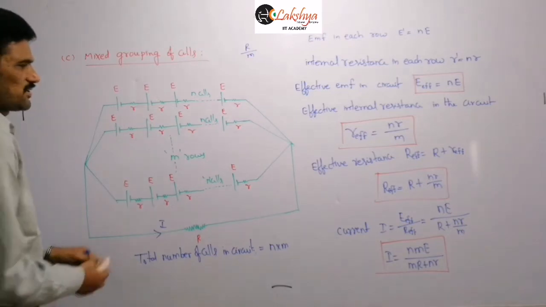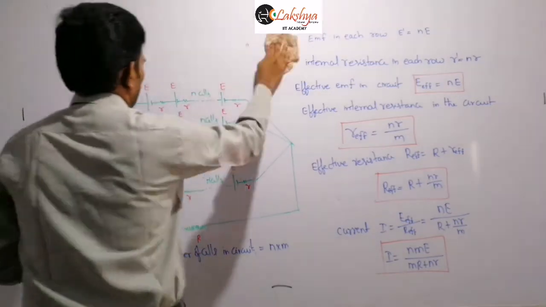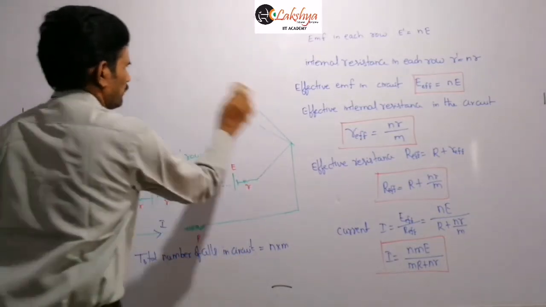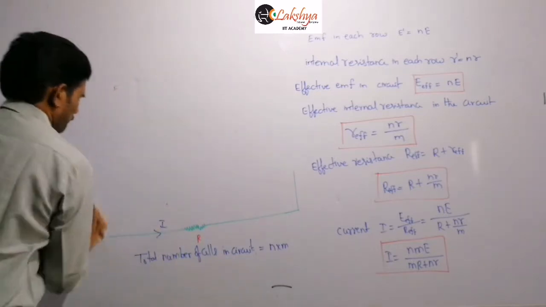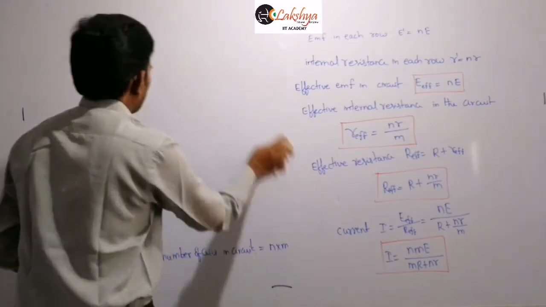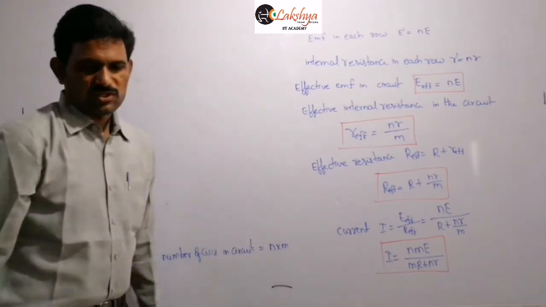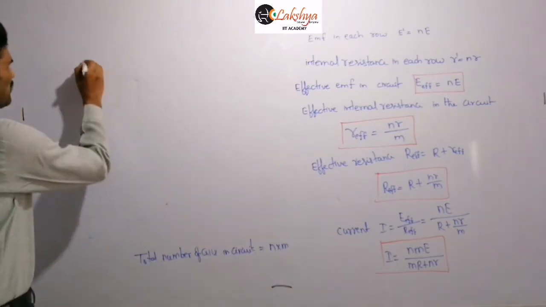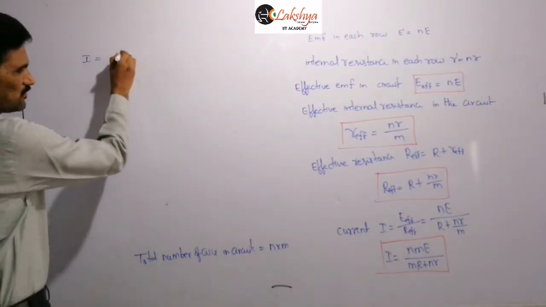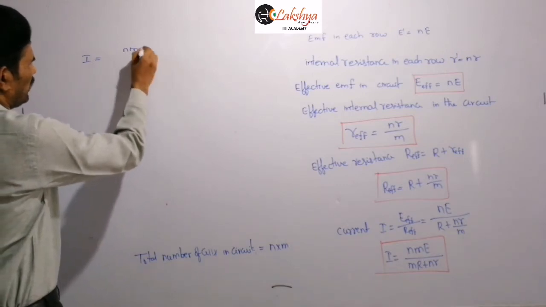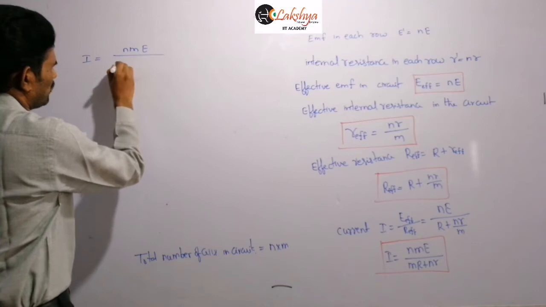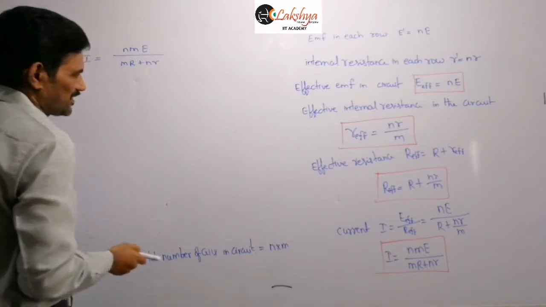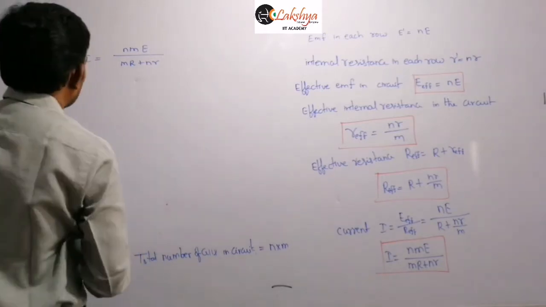Now I am moving to finding the maximum current flowing through this external resistance. So I will rub this circuit here. Just I am doing some modification to say when the current becomes maximum. The same expression I am writing, I is equal to n into m into E by mR plus nr.